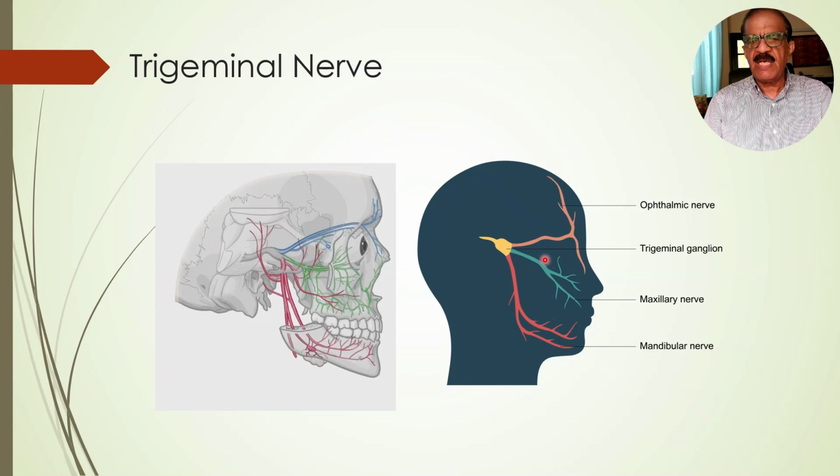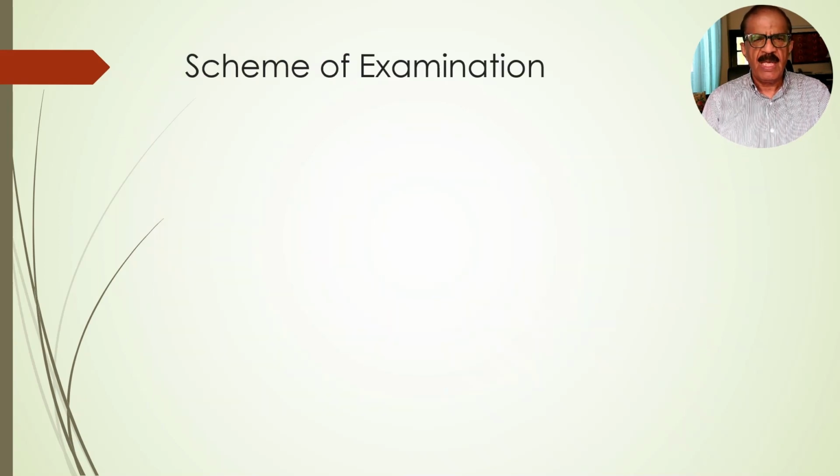Mostly sensory, but it has got a motor part also, which supplies muscles of mastication. But it is particularly famous for its associated disease called trigeminal neuralgia, which is a very, very distressing disease, a very severe pain, and depending upon which nerve is involved, you would have pain in that territory.